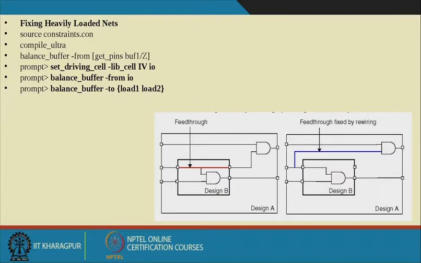Whenever you run this command, set_driving_cell then balance buffer, automatically this feed through net, as it is already heavily loaded, will be branched differently for going to the second AND gate input. That will be done while it is needed, and you have to mention it manually.